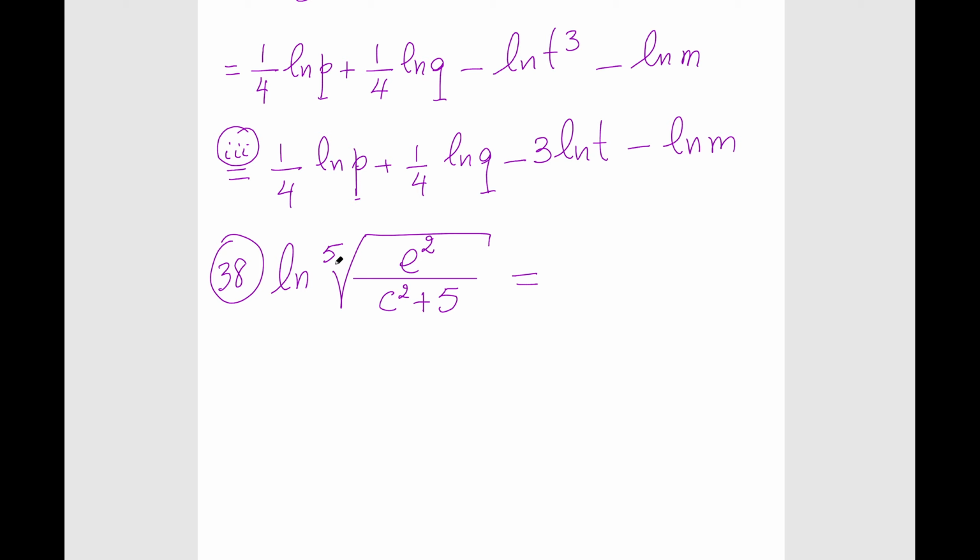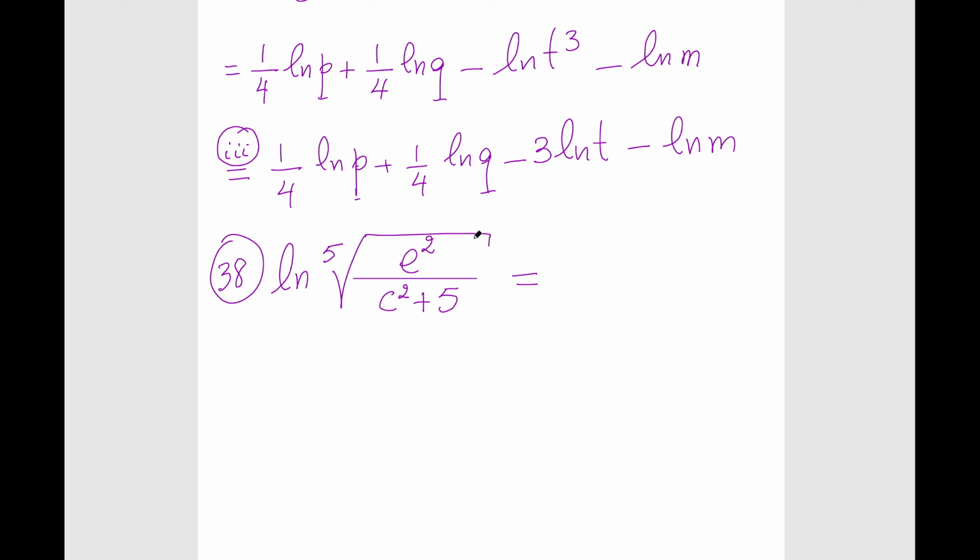So I want to expand. What's the nature of the argument in the natural log function? It looks like the log is acting on the fifth root of that expression. So the argument is that thing raised to power 1 over 5.